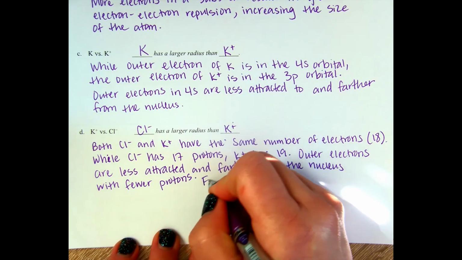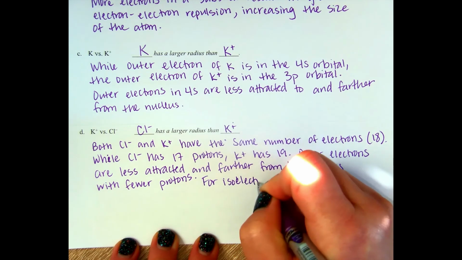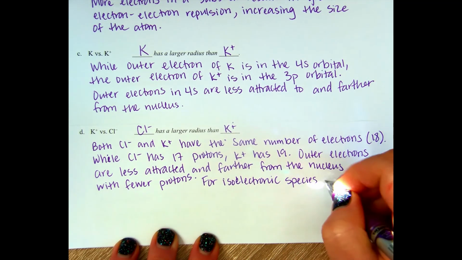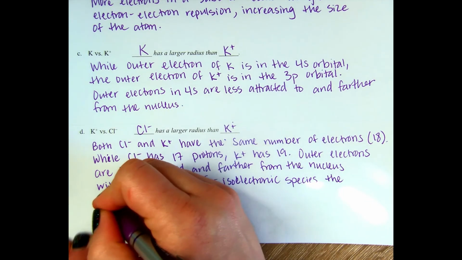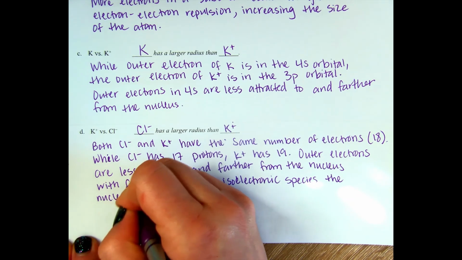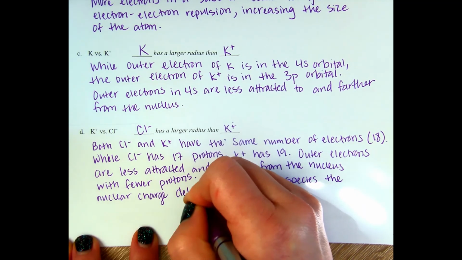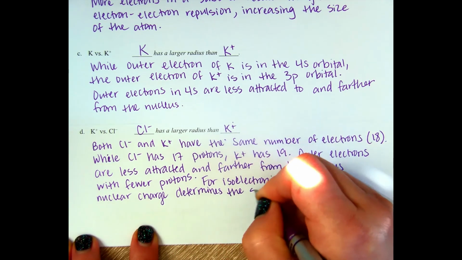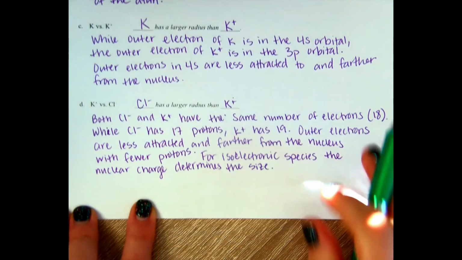So for isoelectronic species, the nuclear charge determines the size.